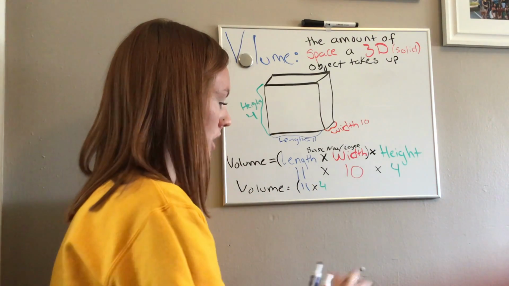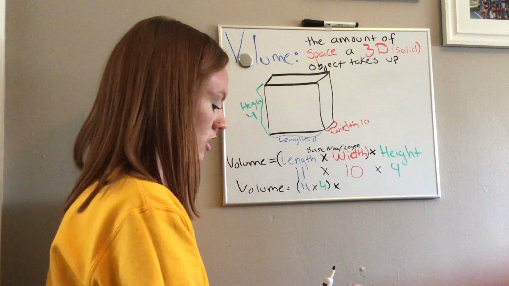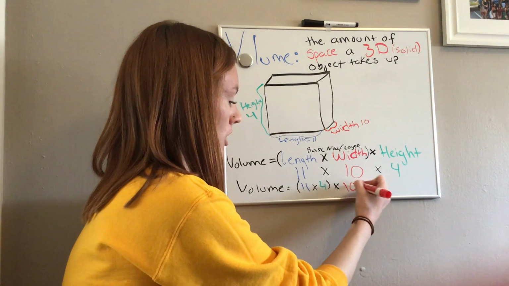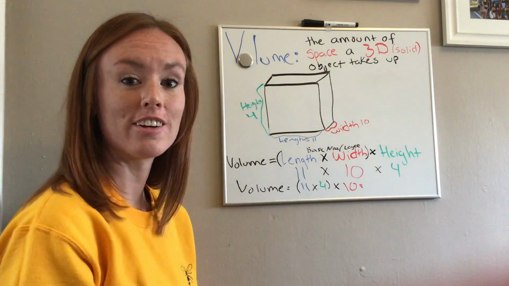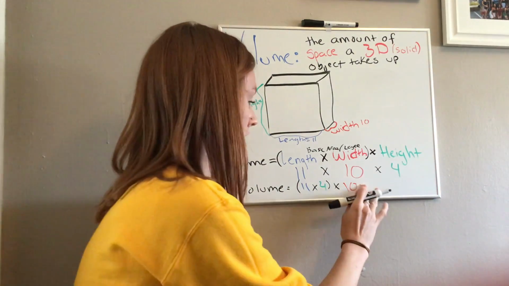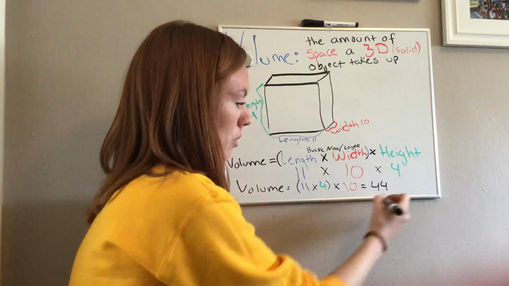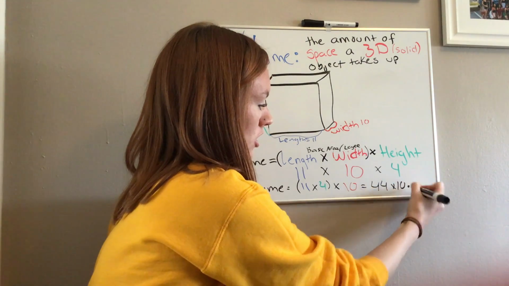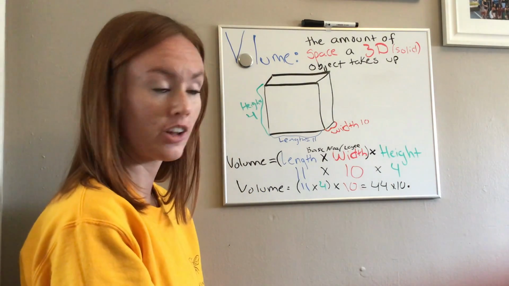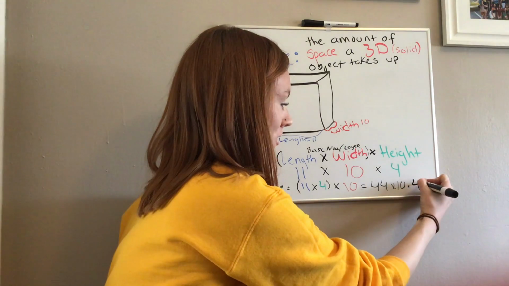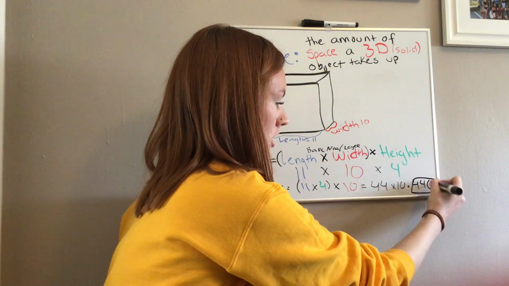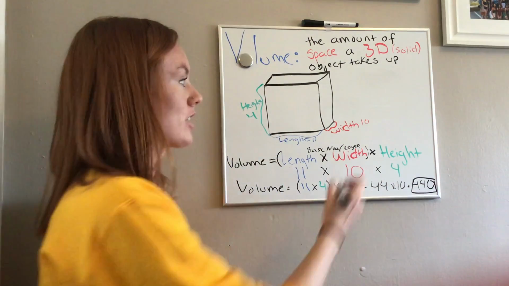And then I'm going to multiply by my 10. So when I do 11 times 4, I get 44. And then I have to multiply by my 10. So I get 440 cubic centimeters as my volume.